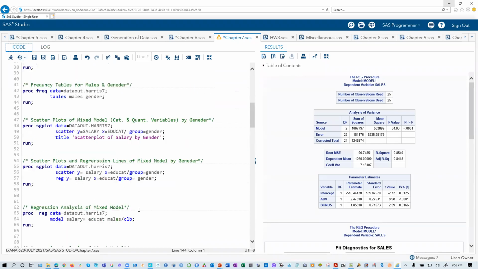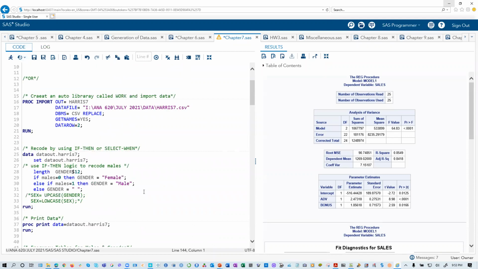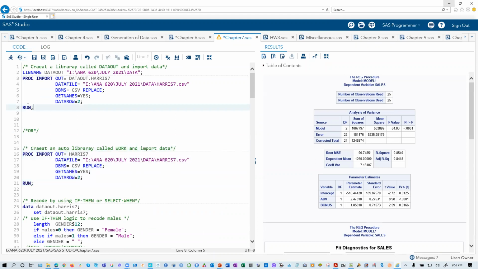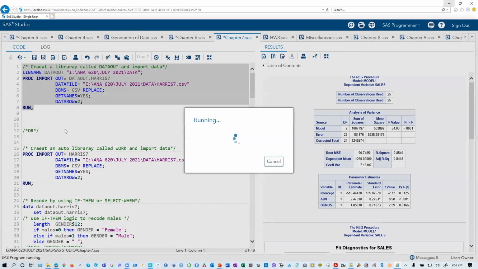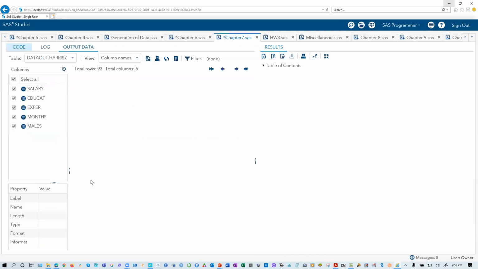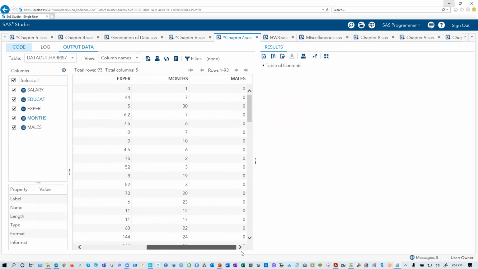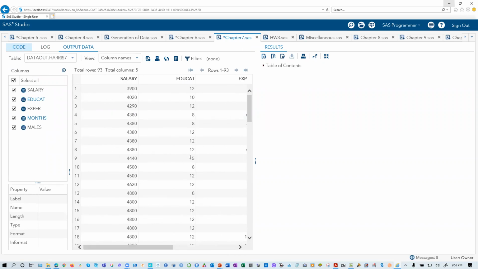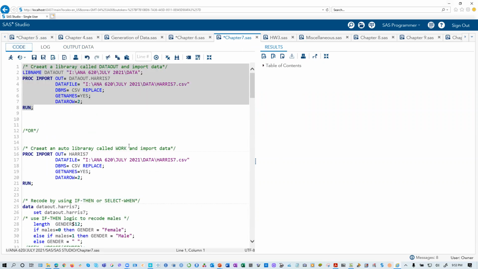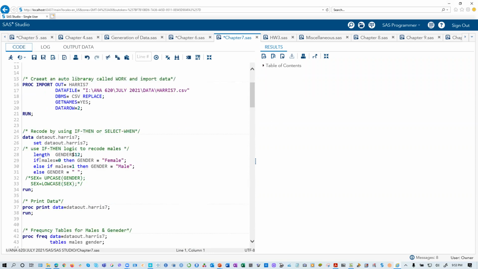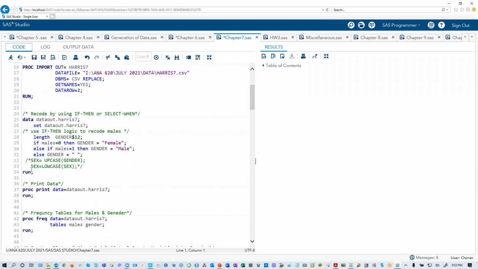It's for the Harris data, okay? We can go back to that one. Can you remember we had this data? The education level, experience, month, and gender we were talking about. And later on, we changed that to male, female, like that if you want.